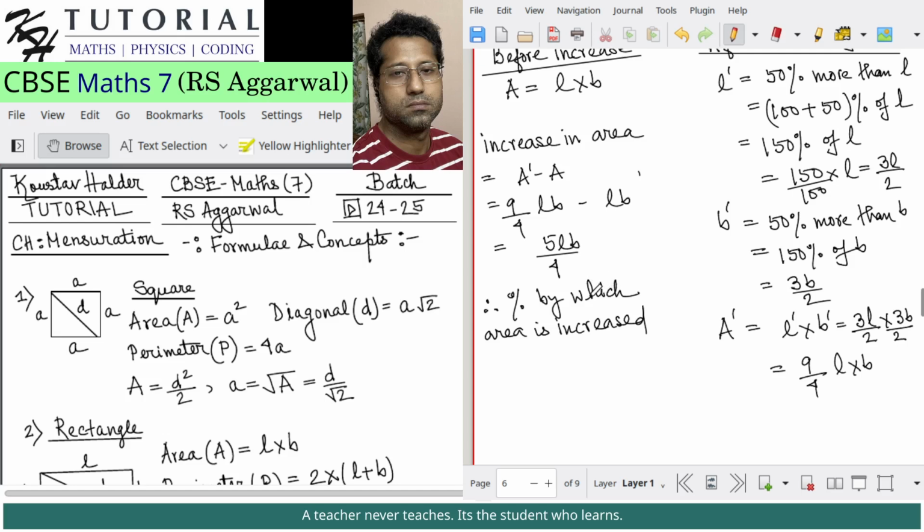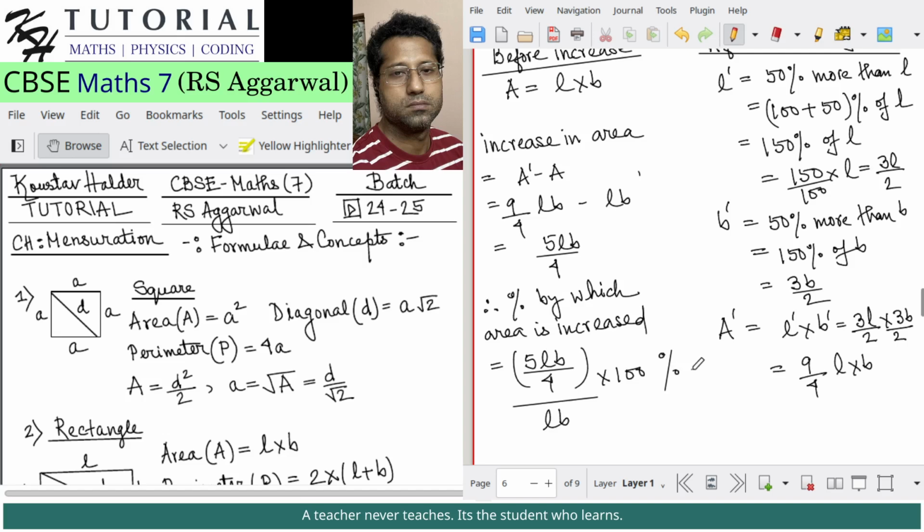So we have to find what percentage of the original area, that is LB, is 5 LB by 4. So percentage by which area is increased will be equal to 5 LB by 4, the increase in area based on the original area, which is LB, and then multiplied by 100.